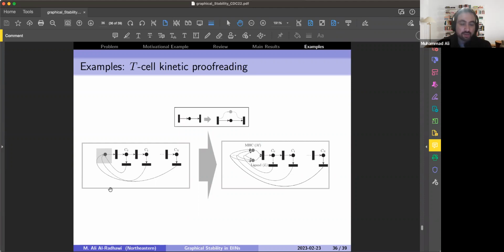So we can think of this as a linear network, and we replace this specific species by two species that we can think of as a heterodimer in this context, and we get all these nice properties of stability for any kind of kinetics. It's not just mass action kinetics. This just carries over as a corollary of our results.